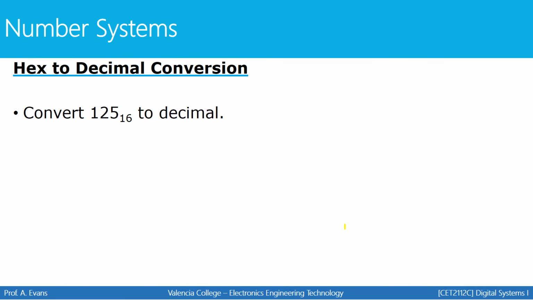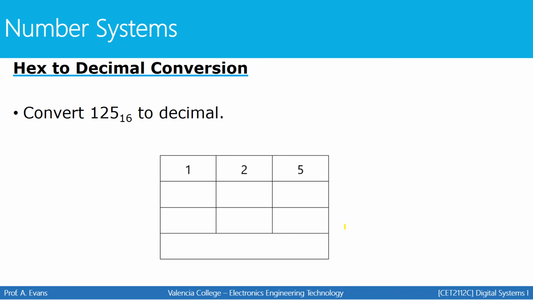Here's one more. We have a hexadecimal number with 3 digits now. 125 base 16. So remember, I'm not reading that as 125 because I'm not in a decimal number system. I'm in the hex number system. There is no hundredths place in the hex number system. So the number 125 in hex. Here's my place value chart.